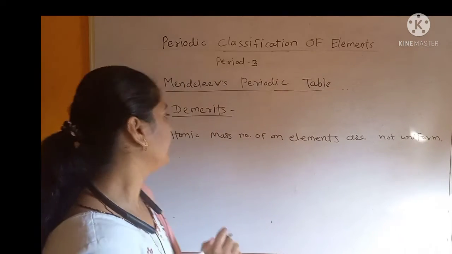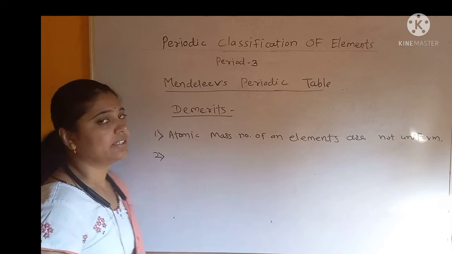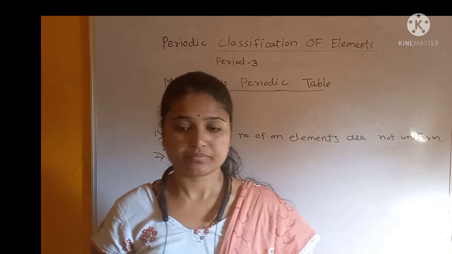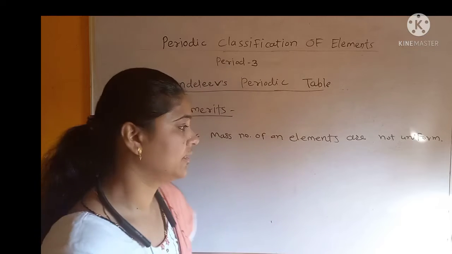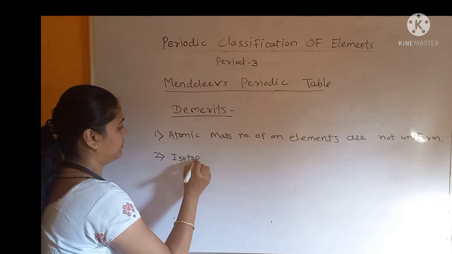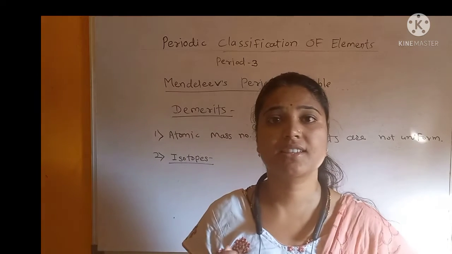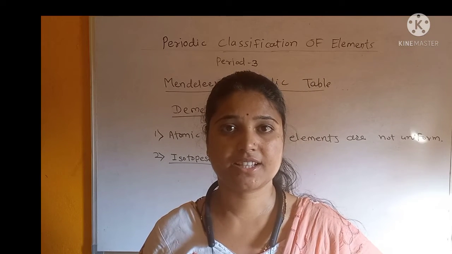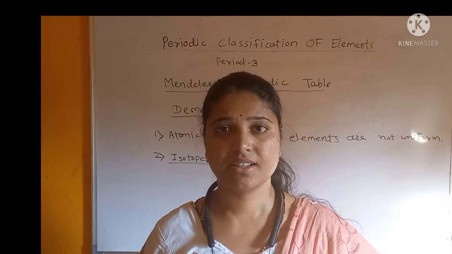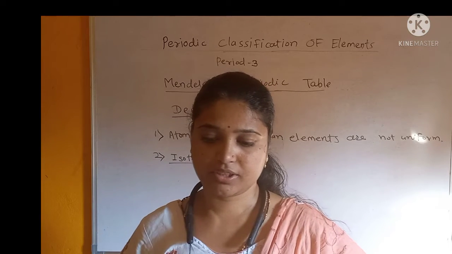Then the second demerit of Mendeleev's periodic table is related to isotopes.